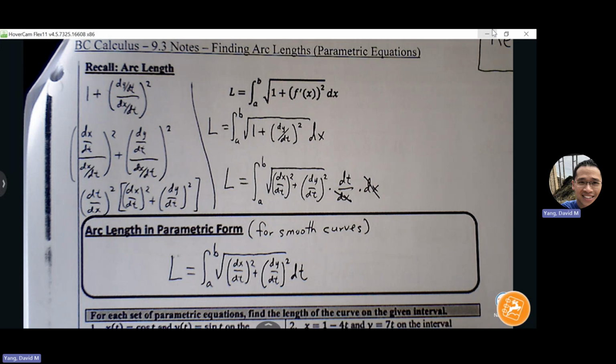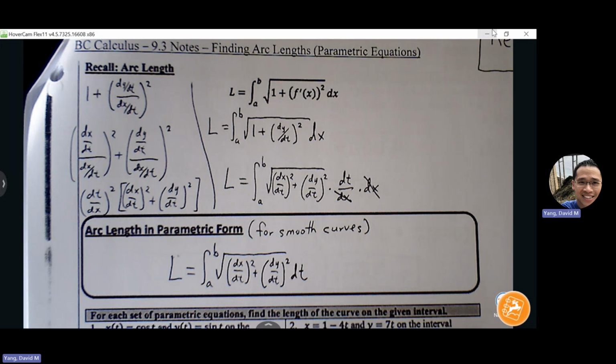So we see that 1 plus f prime squared has that Pythagorean theorem identity to it. When you think of it this way, f prime is the same thing as dy/dt over dx/dt.